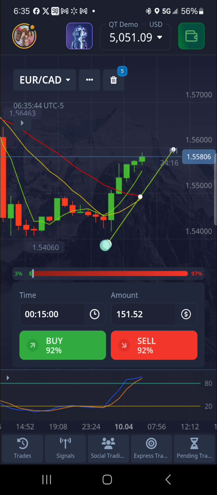You always put it where the wick ends, not where the body ends. It's a pretty steep incline. You want to try to get it right on the wick as much as possible.